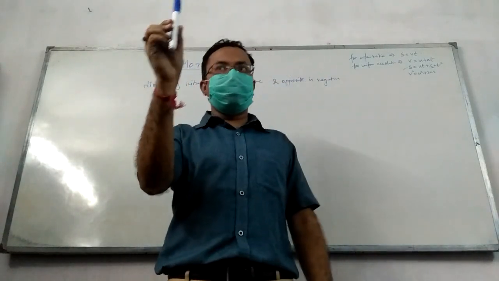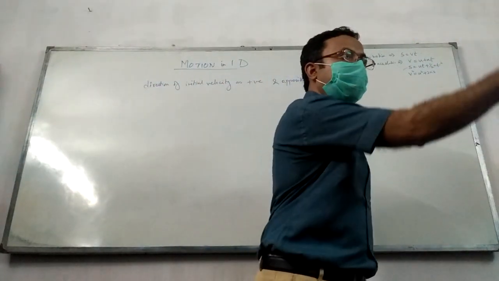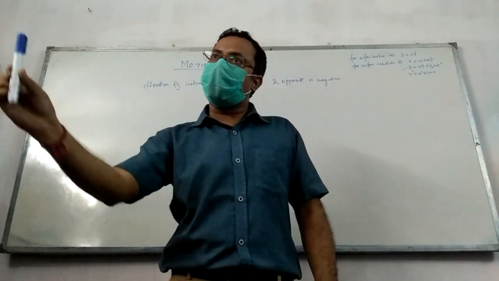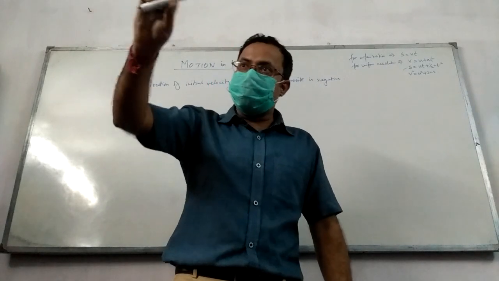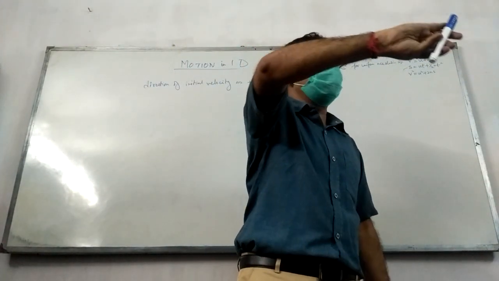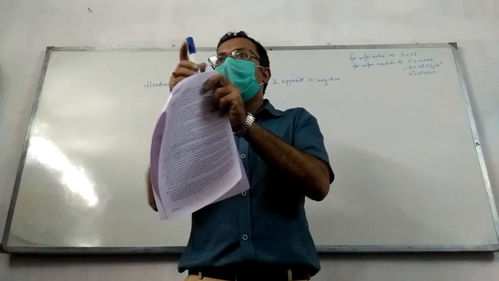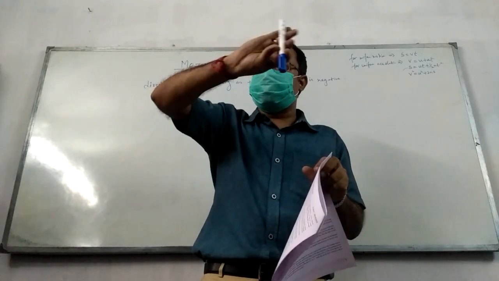For example, if I take this pen, without changing its orientation, if I keep on moving anywhere, then you can consider it to be a point object. But if I move it like this, then you cannot consider it a point object. Why? Because all the different points are having different amounts of displacement.